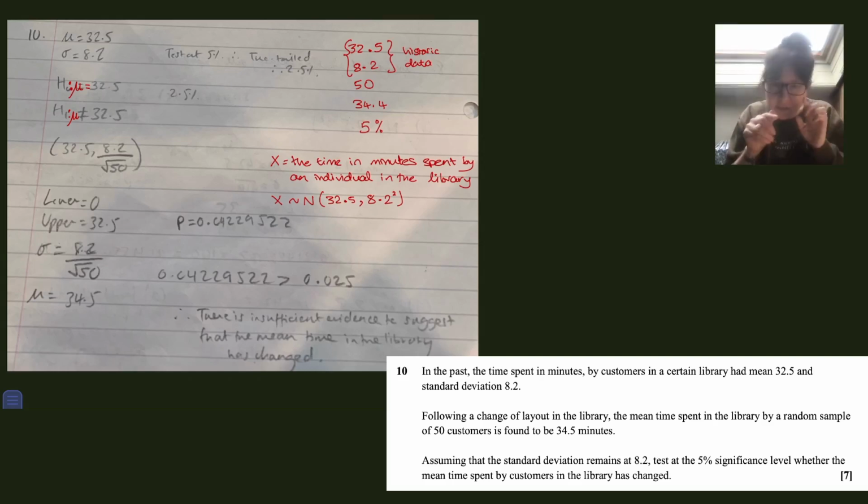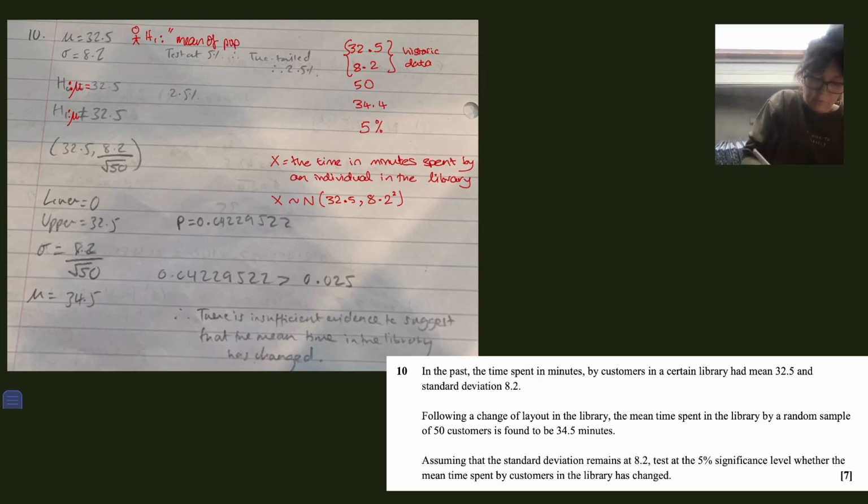So let's look at the question and see where we can find that. The person, H1, is saying that the mean of the population, as in X, as in the time spent by an individual in the library, is not 32.5.